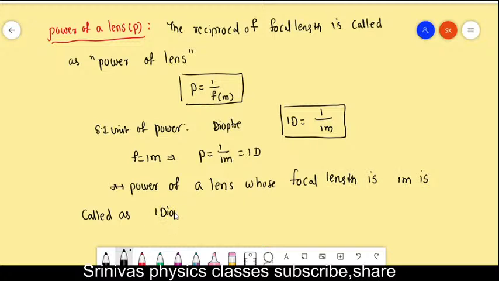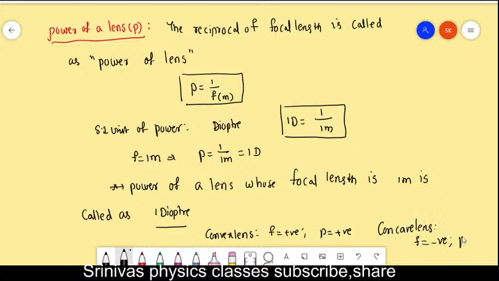If focal length is 1 meter, then the power is called 1 diopter. This is about power. In case of convex lens, remember, focal length is positive, so automatically the power is also positive. In case of concave lens, focal length is negative, that's why the power is also negative.